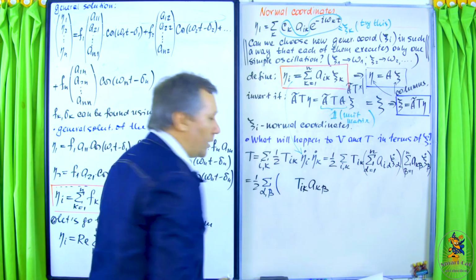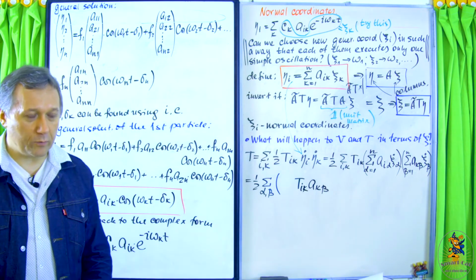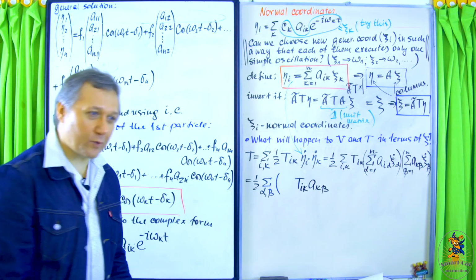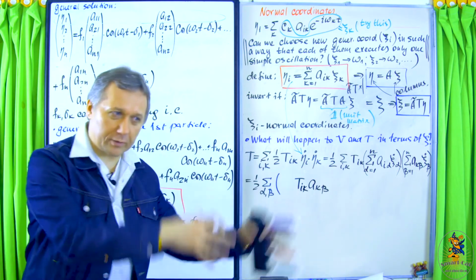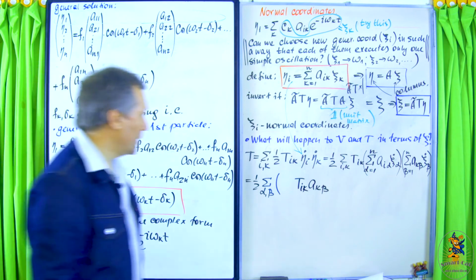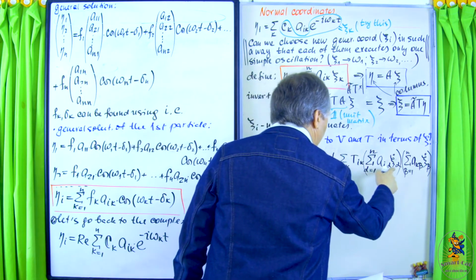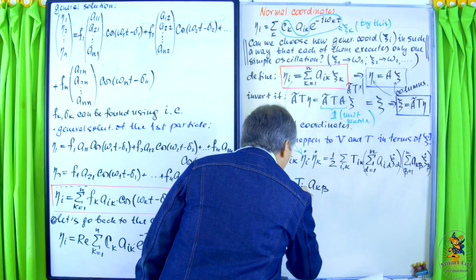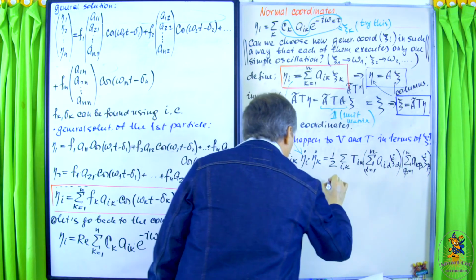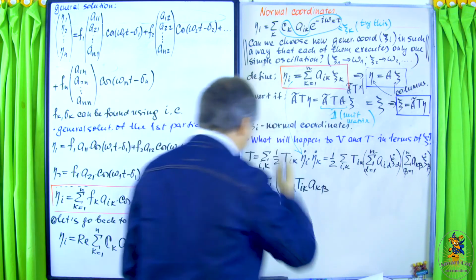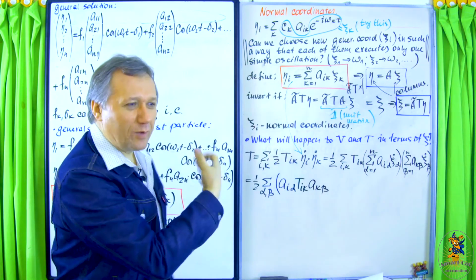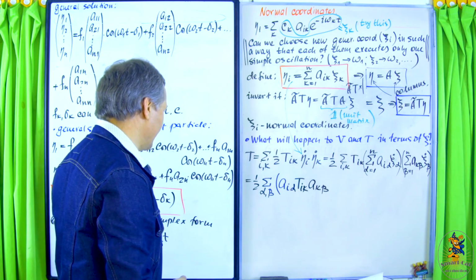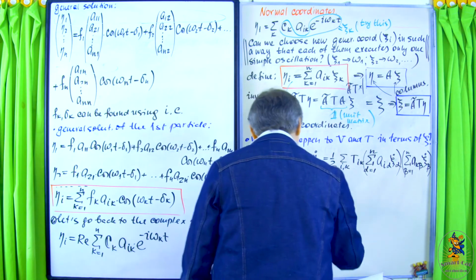Of course, components you can arrange any way you want, but when you go to the matrix form, you need to arrange them properly and only then transform to the matrix form. Summation over i, k. I forgot to write it, and now I'm lazy to rewrite it. No, I have to rewrite. Sorry.